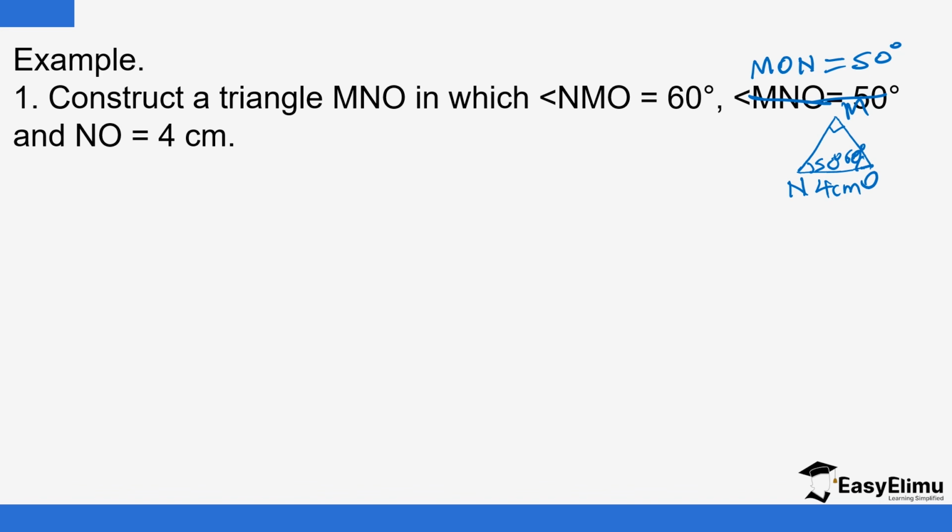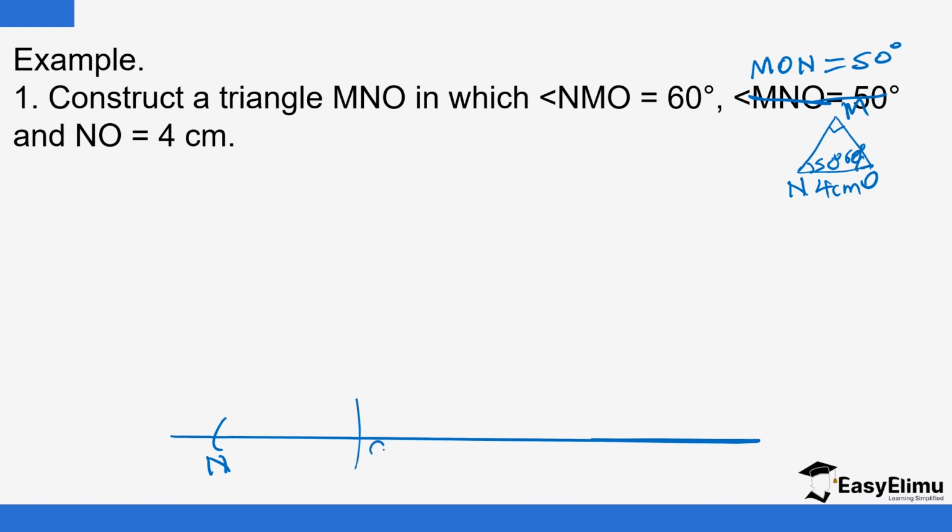So let me start with the line NO. Then you mark N. Then I measure 4 centimeters and mark O. So using center as N. So N is the center.